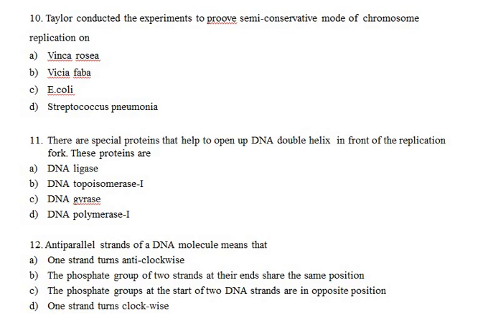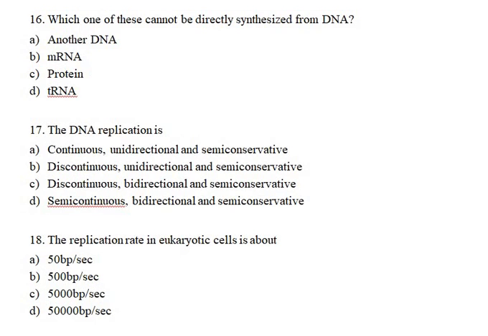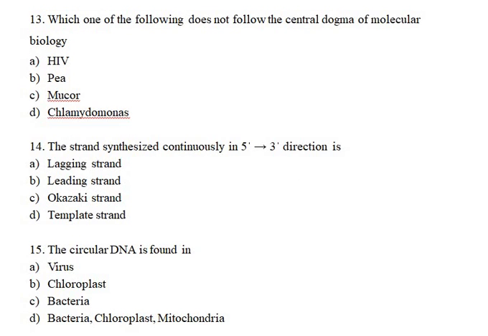Coming to the next question, the 13th question. Which one of the following does not follow the central dogma of molecular biology? So first of all, what is the central dogma of molecular biology?